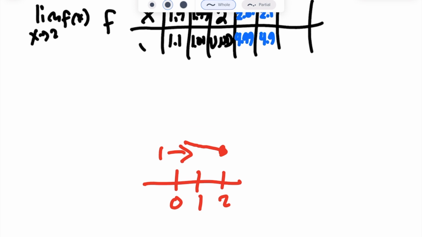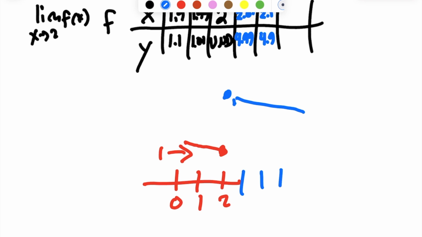In that case, from the right side, we are actually coming up to the number 5. So you can see the left side and the right side do not match. Therefore, this limit does not exist. You can write DNE to explain that a limit does not exist.